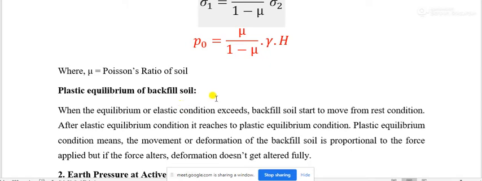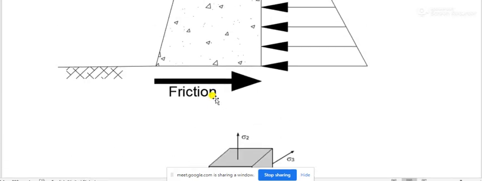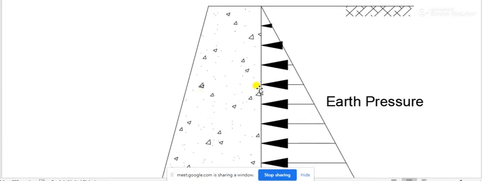Plastic condition is nothing but when the movement of the wall is due to this pressure, and obviously they are proportional to each other. That is, if the pressure increases, obviously the movement increases, and this is the plastic condition.